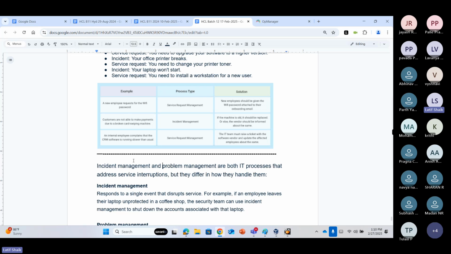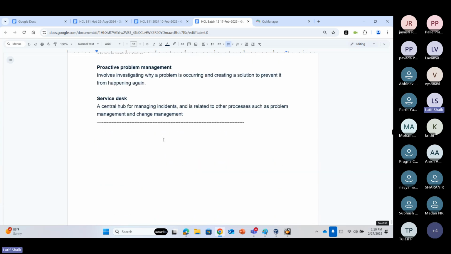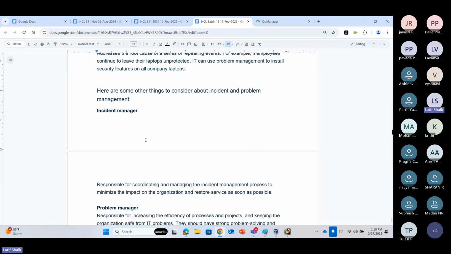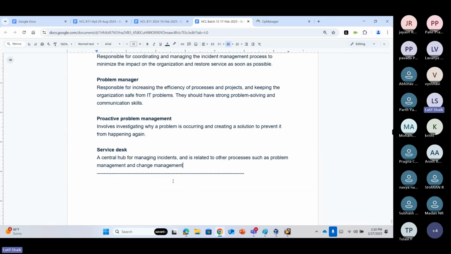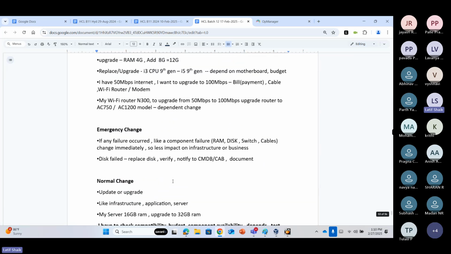It is running, but it is slower: service request. Not running means incident. Some other examples are also given, related to incident, problem, and service request. So you can go through them, check, and find out what the differences are.